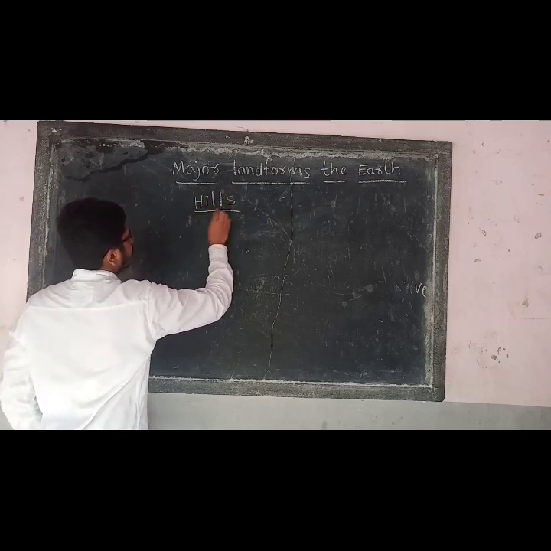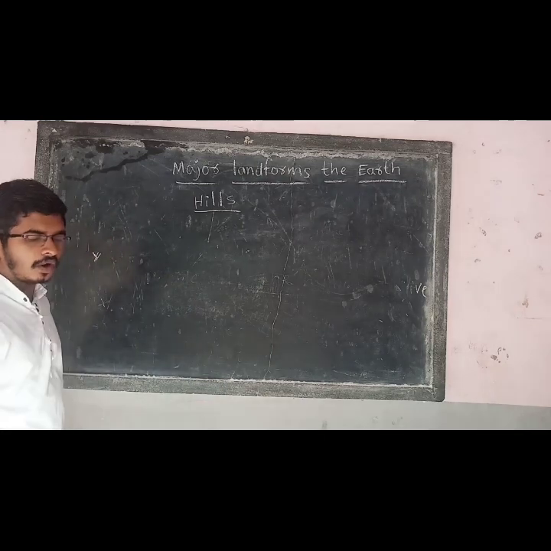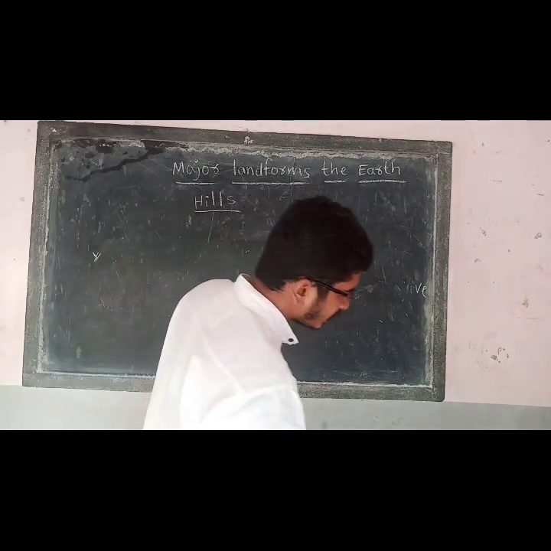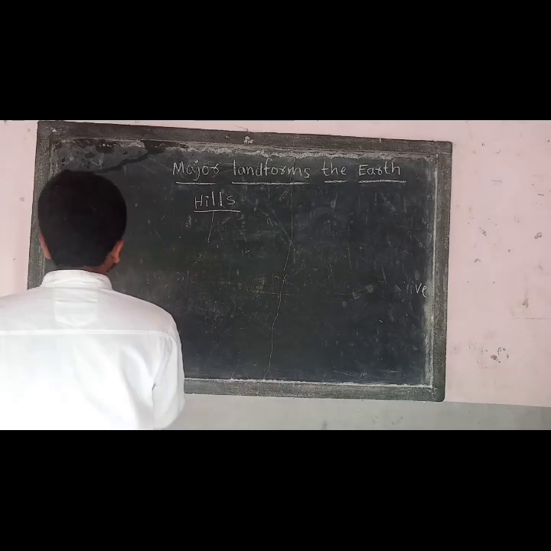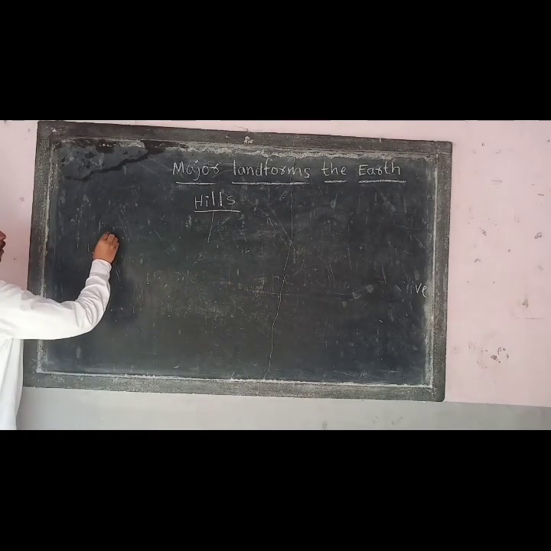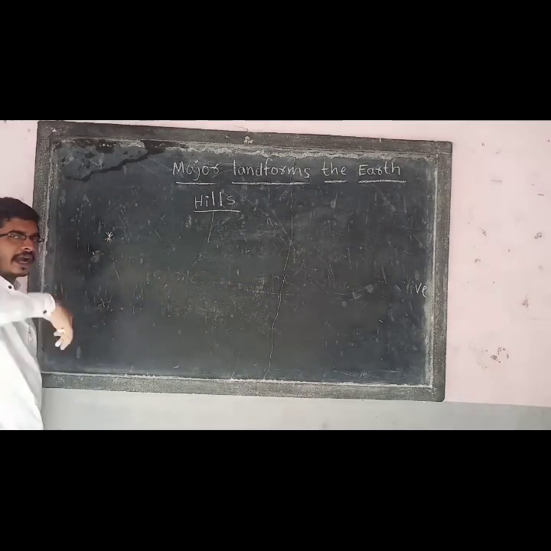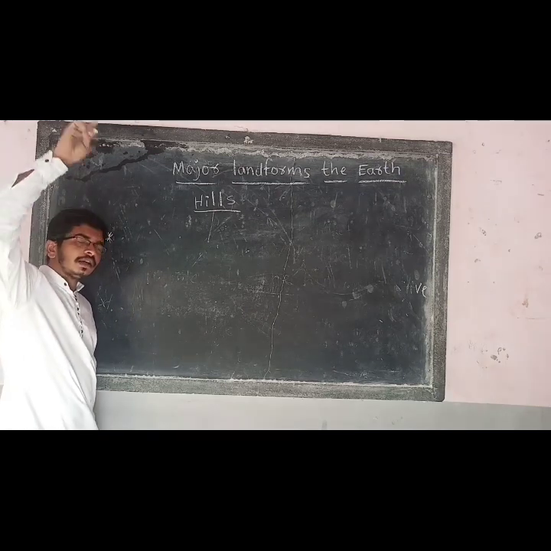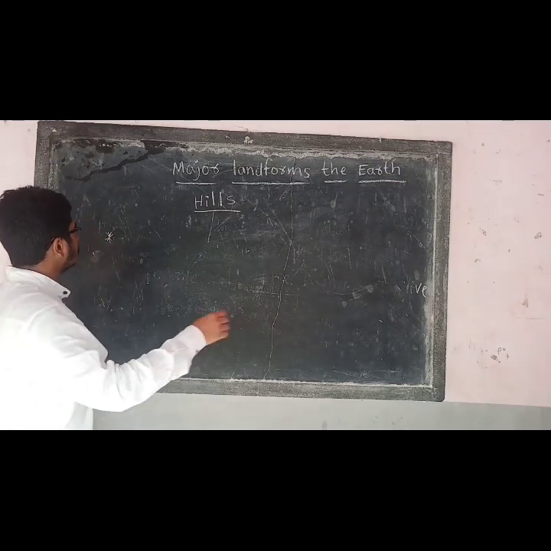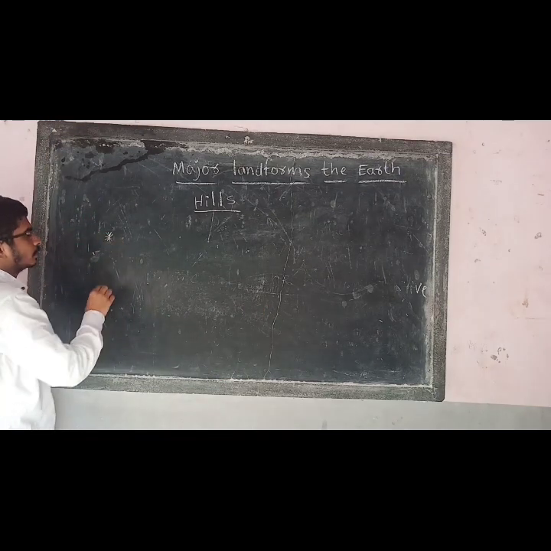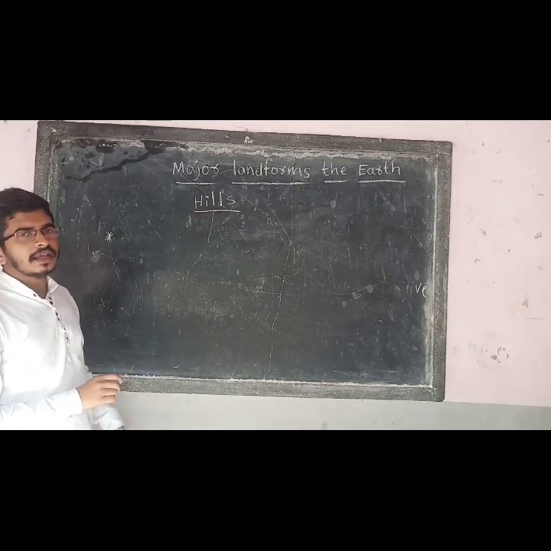Hills. What are hills? Hills are lower than the mountains. Mountains have a very high peak, extending to a large extent, as we have discussed up to now. Now we are discussing the hills.